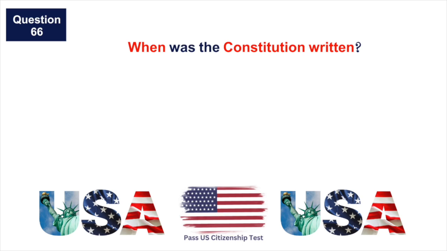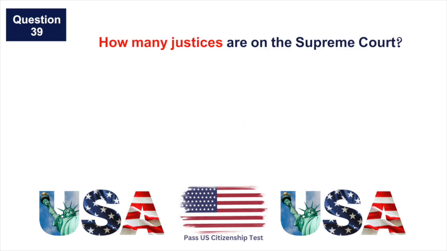When was the Constitution written? 1787. How many justices are on the Supreme Court? 9.